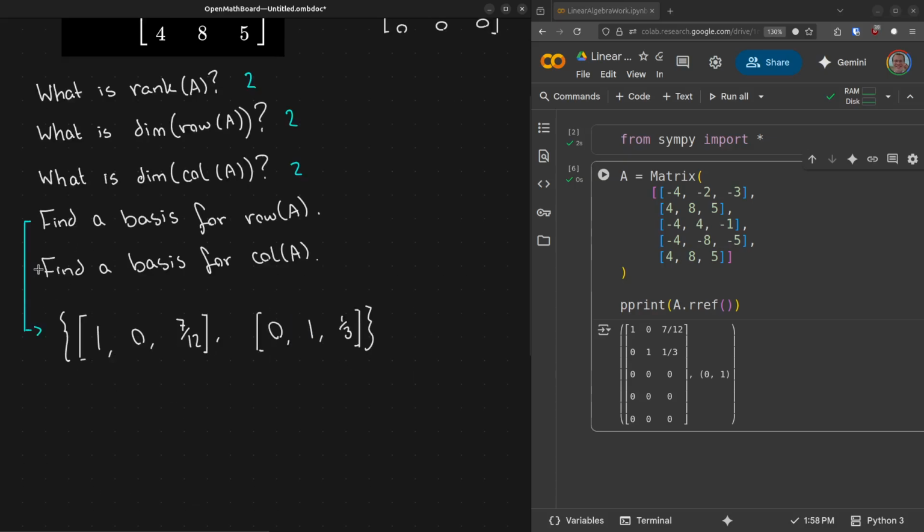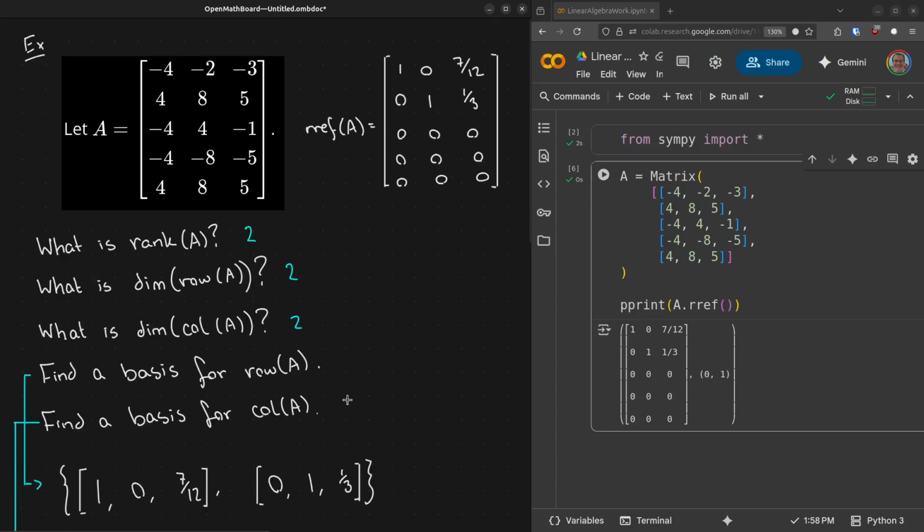And so the columns of my original matrix that correspond to the columns in my reduced row echelon matrix with leading entries are going to be my basis for my column space. So the first column has a leading entry when I'm in row echelon form.